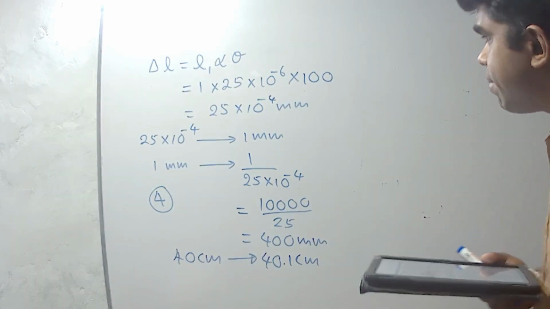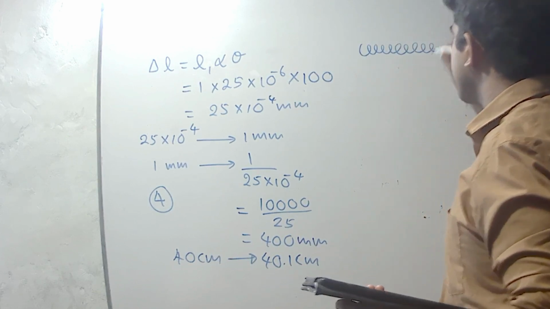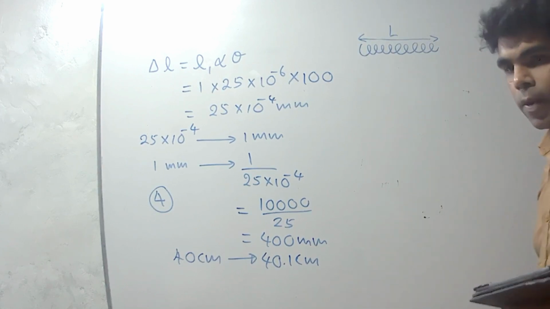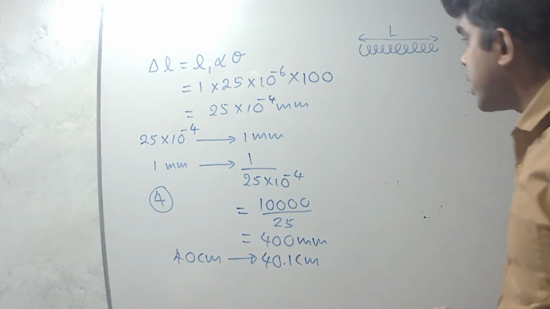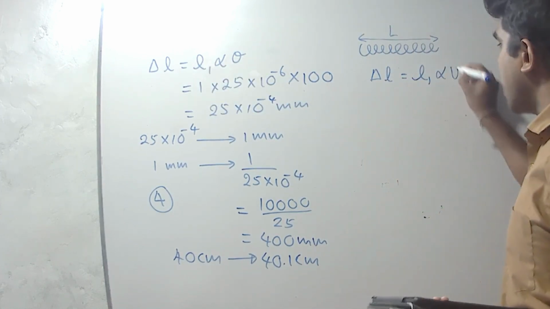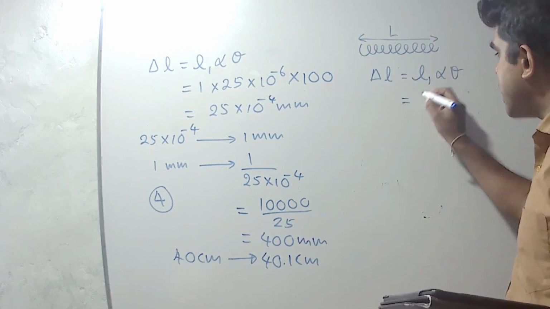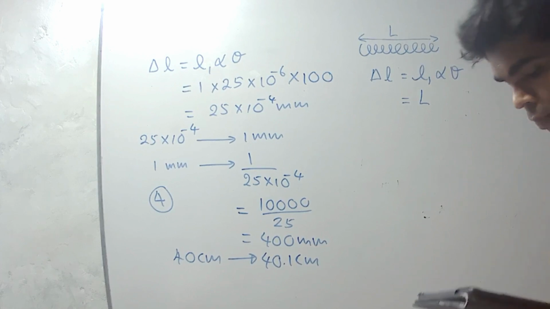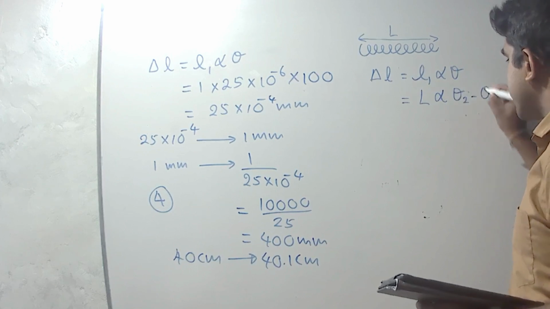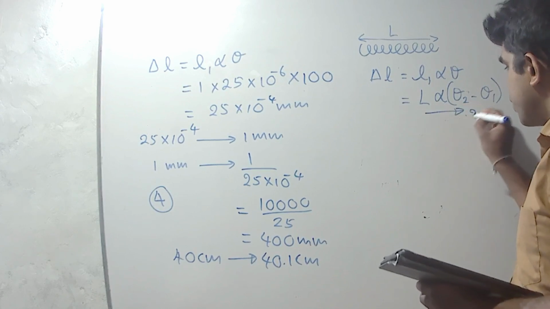We can consider this spring as a rod with initial length L. Therefore, we can use linear expansion delta L equals L1 alpha theta. The length of the rod is L, linear expansivity alpha, temperature difference theta 2 minus theta 1. Then the answer is 2.